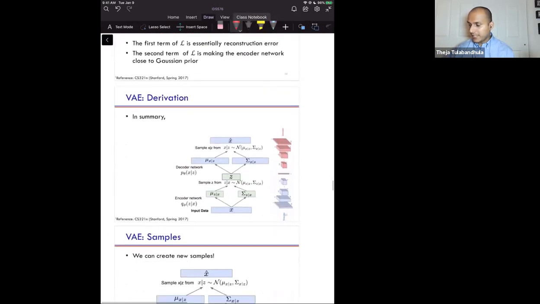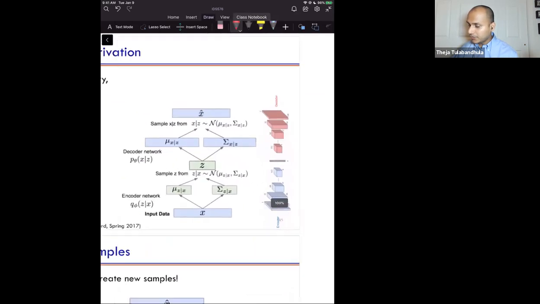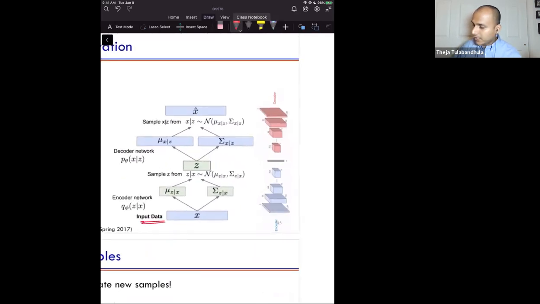So let's go back to the VAE. Although those were the densest slides, let's come back to the VAE. This is how it looks. We have the input data. We produce a mean and covariance from which we sample z. Again, we produce a mean and covariance and produce a sample x hat. Think of it this way: in the encoder, we have an image of, let's say, a person, fed through a CNN block which produces a mean and covariance from which you do sampling.